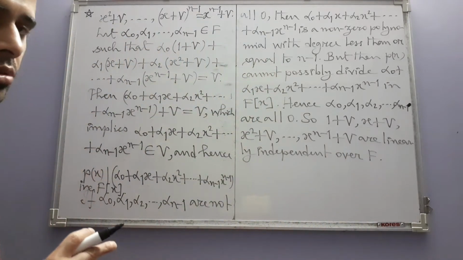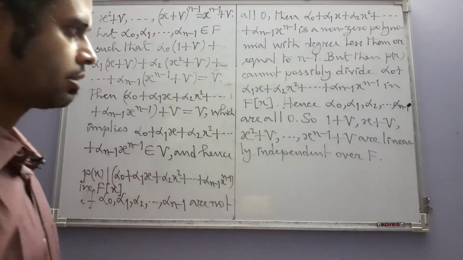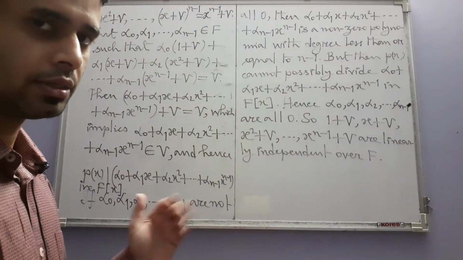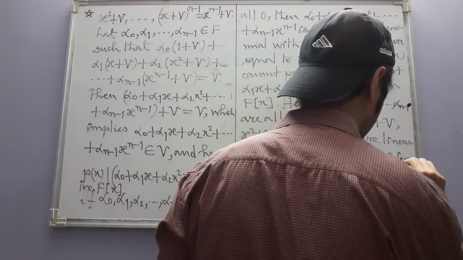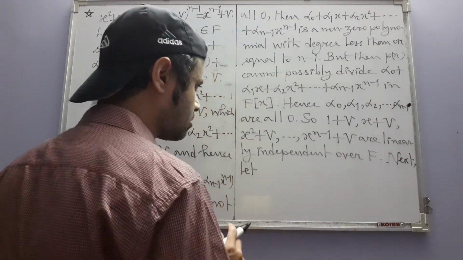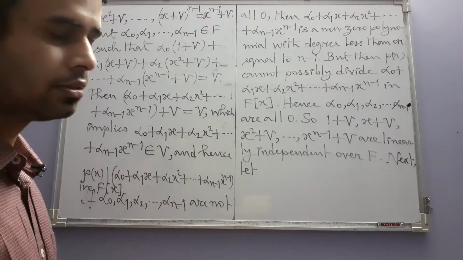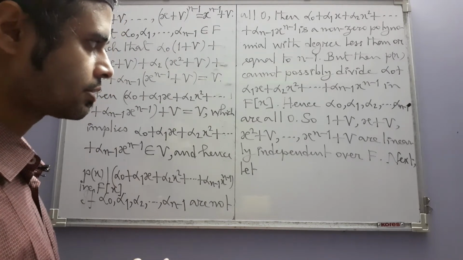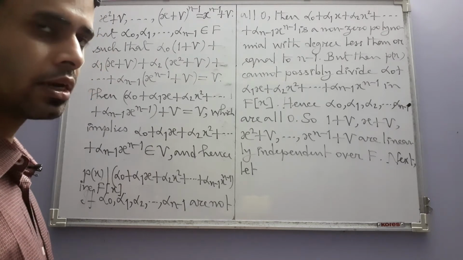Okay, we are not going to repeat that thing again. Next, what we want to show is that these vectors span E. So that means we now have to consider any arbitrary element in E and show that that element is actually a linear combination of these vectors with scalars coming from F.